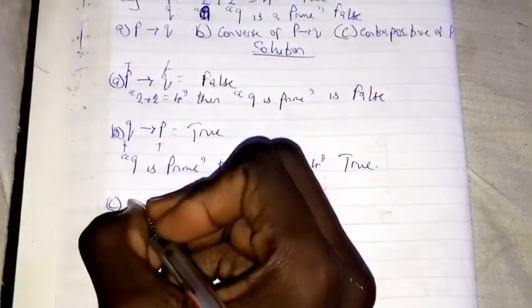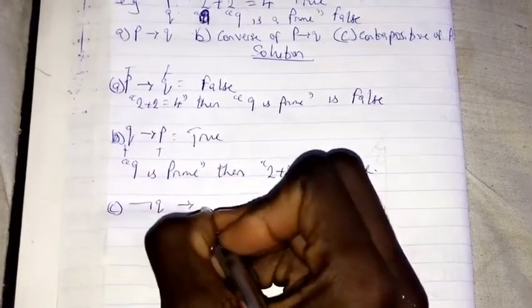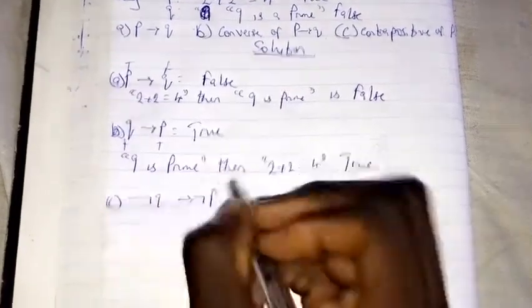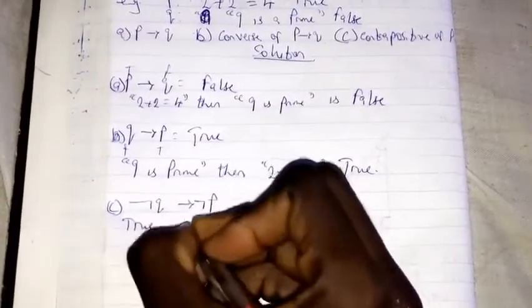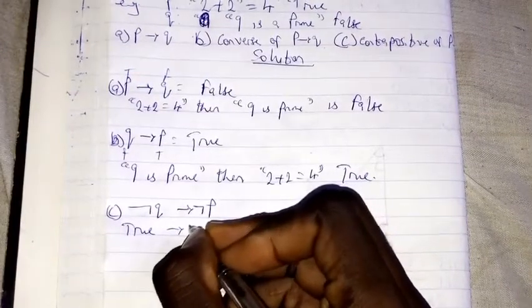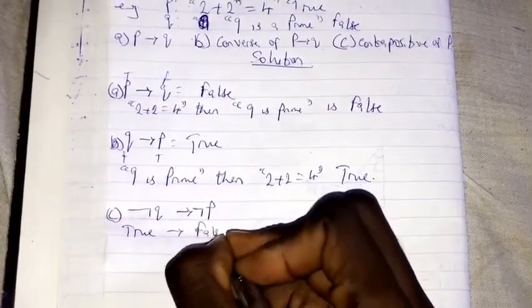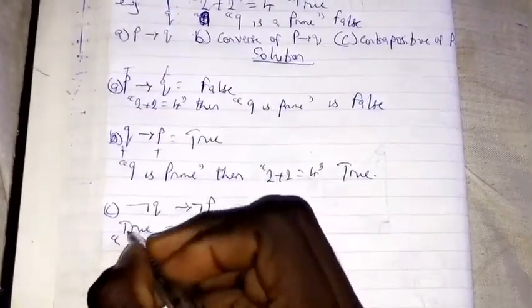This is what they are talking about here, just like I've seen in the example. Negation of Q, then negation of P. Of course, negation of Q becomes true, and negation of P becomes false. So our answer goes like this.